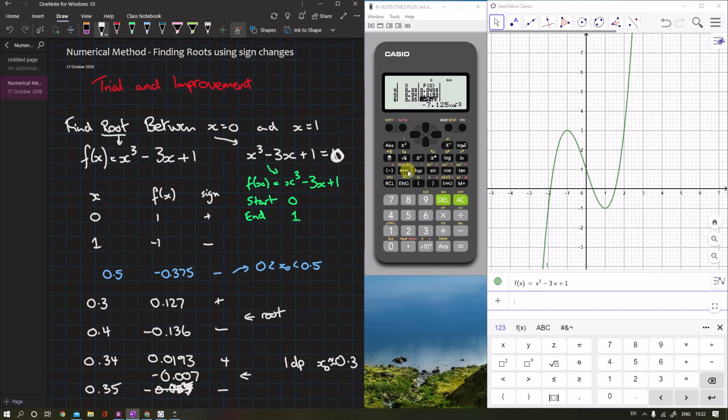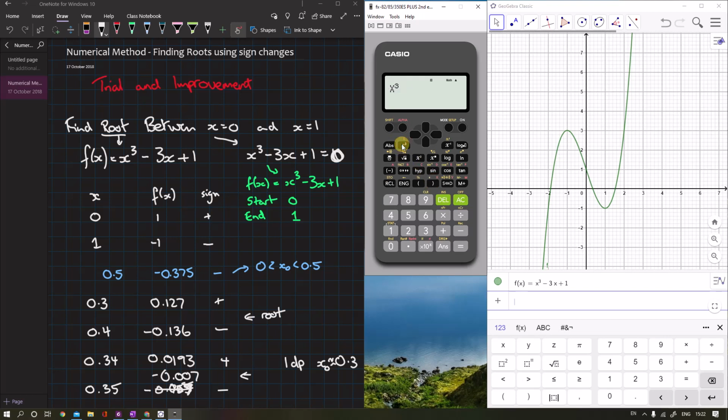And I'll show you quickly in a minute how you could do something similar. I want to try a number between 0.34 and 0.35. So I'm going to go back into the mode, find the comp, and say I want to store 0.34 into my calculator, into memory X. I can then put in the equation, and this is if you haven't got that table function.